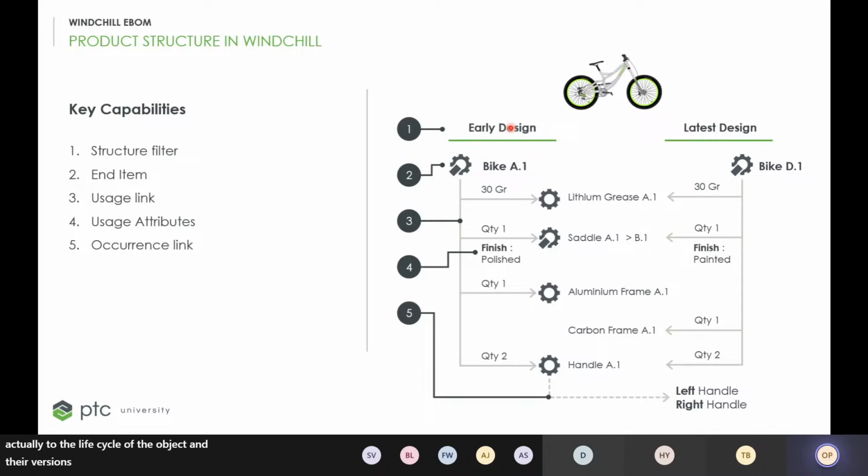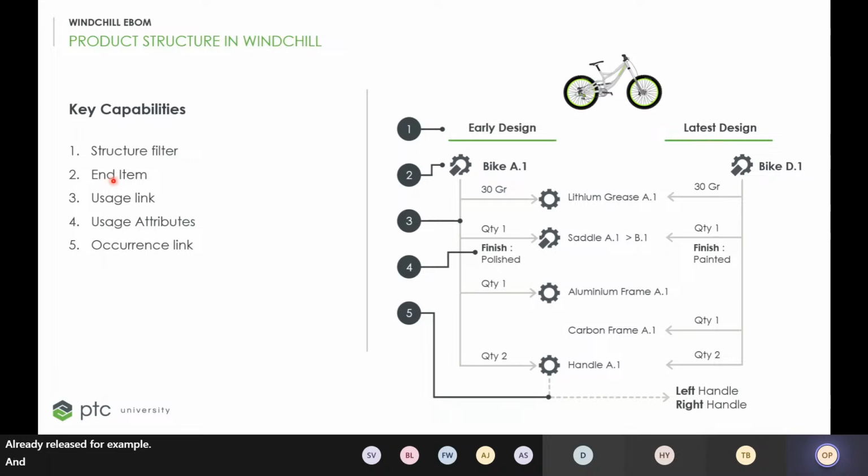This is how we describe the point in time where we are in our production, with states and versions. So with the structure filter, you can display the difference between an early design, for example, bike A.1 in work, and the latest design, bike D.1, already released, for example.